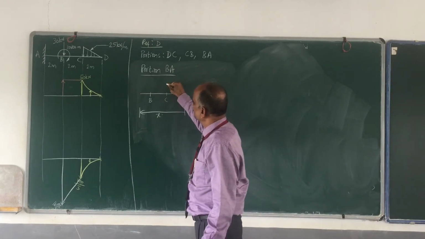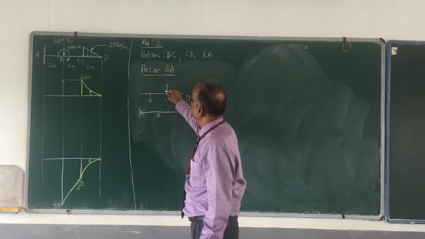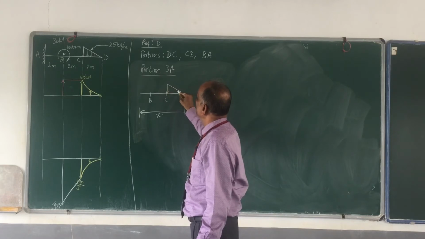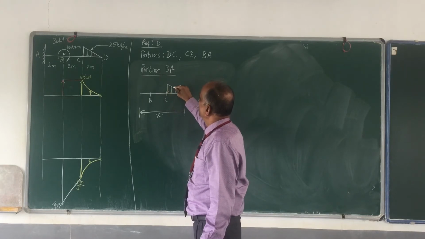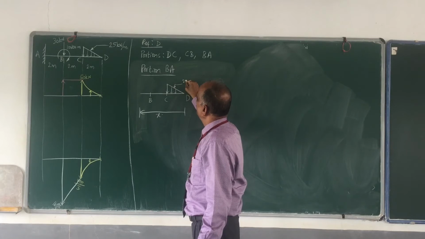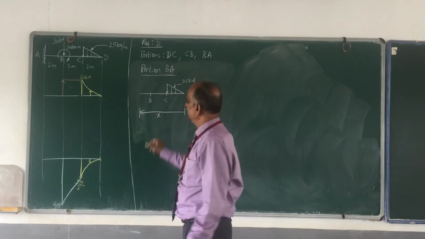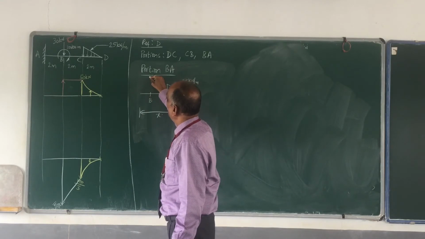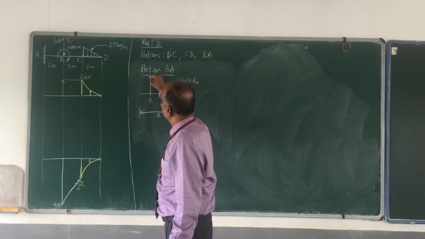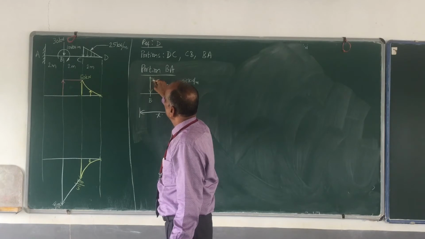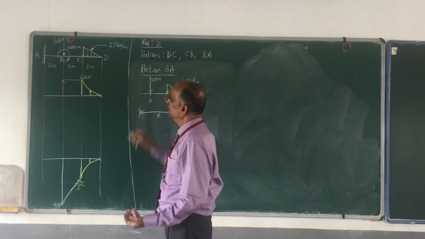Then what are the loads? You have UVL for the portion. This is how it is. And this load is 25 kilonewton per meter. Then at B, you have a point load which is equal to 30 kilonewton.